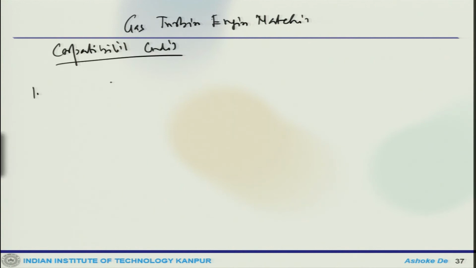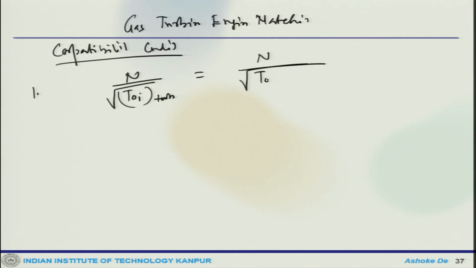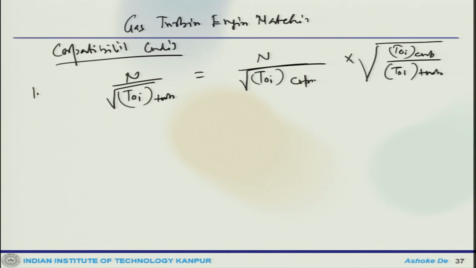We have operating speed N by root T naught I for the turbine equal to N by root T naught I for the compressor, into root T naught I compressor by root T naught I turbine, where I stands for inlet.